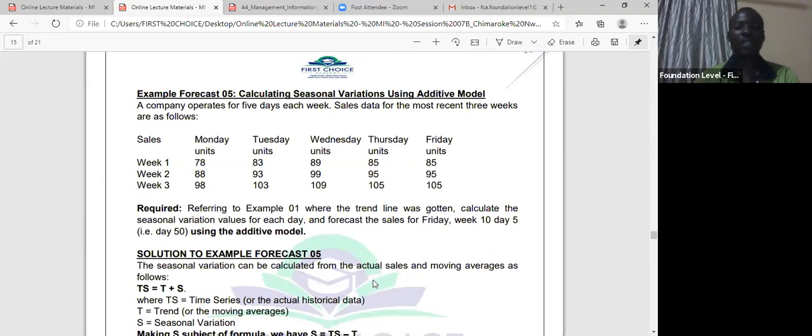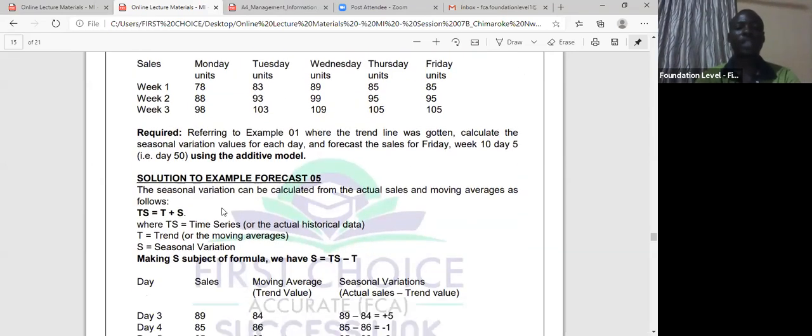So if you look at this, the solution here says the seasonal variation can be calculated from the actual sales and moving averages as follows. Remember this trend line? There is TS and there is T plus S. So what it means is that your trend must always come first, then you do your seasonal variation.